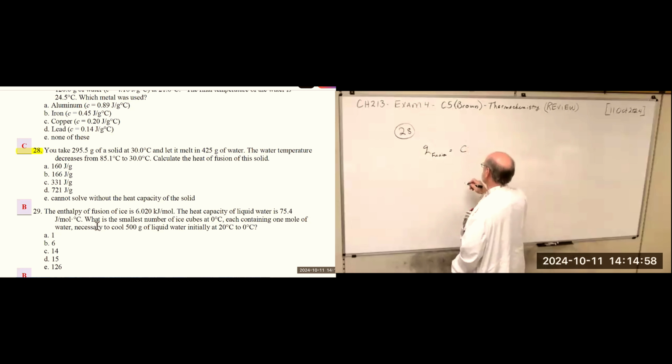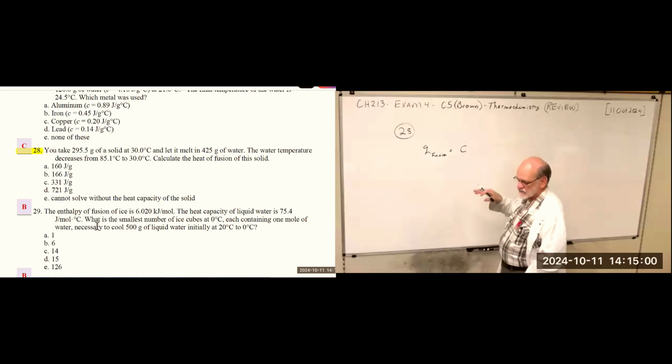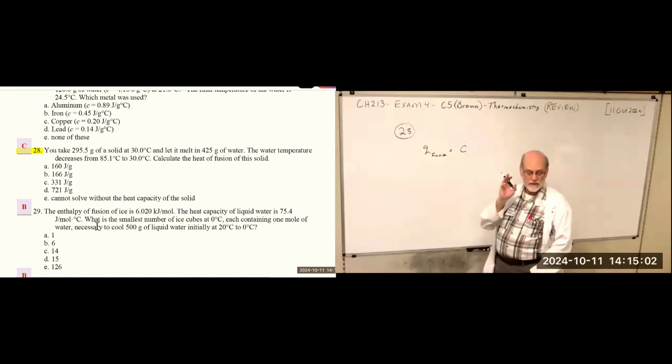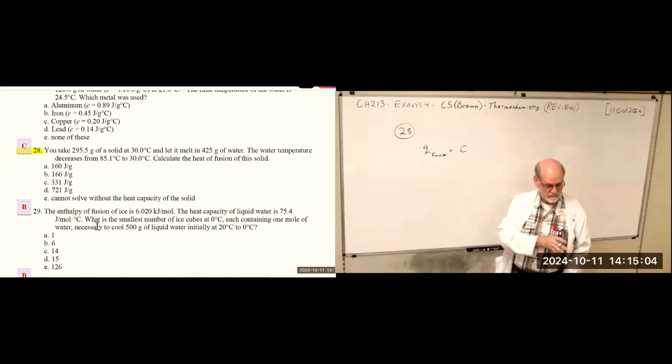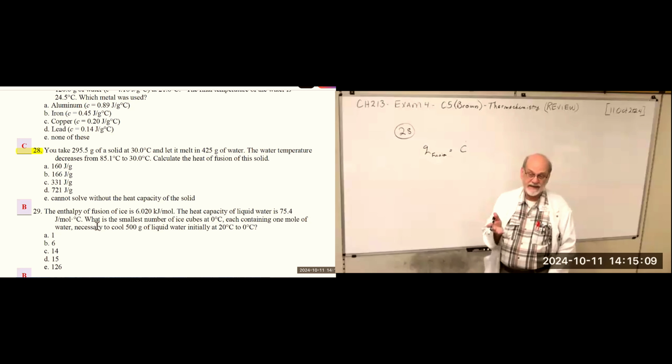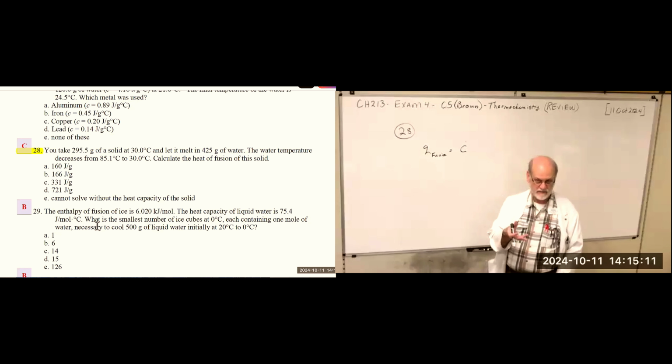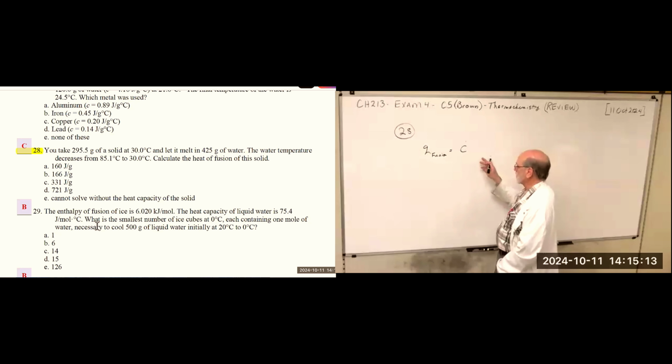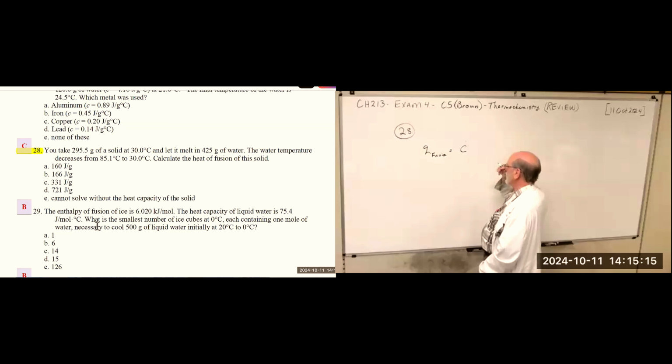Let's give it a C. It's a constant value for any substance to go from solid to liquid. Okay, fusion is the other way, from liquid to solid, but it's the same amount of heat. It's just flip the signs. So the heat of fusion is going to be some value here with units of measure, joules per gram.